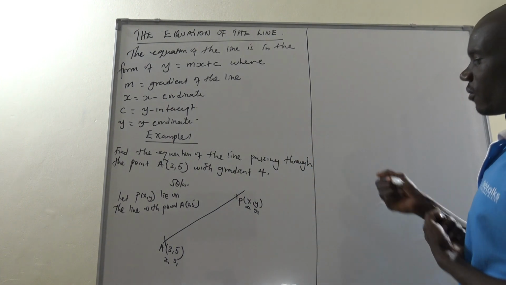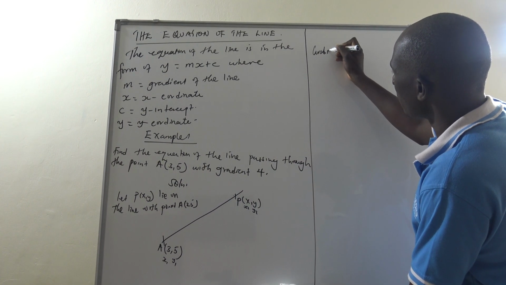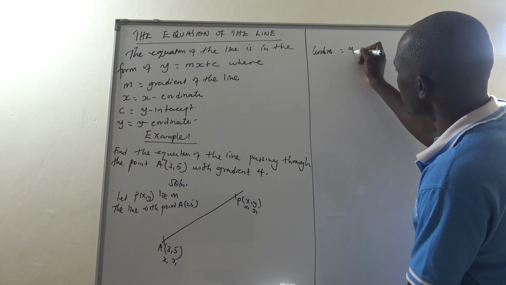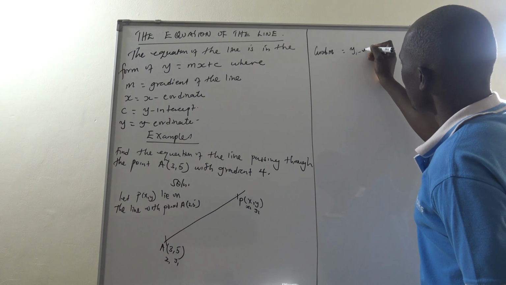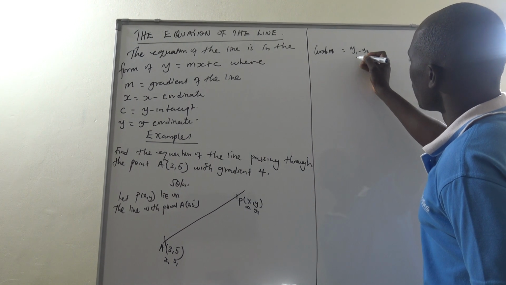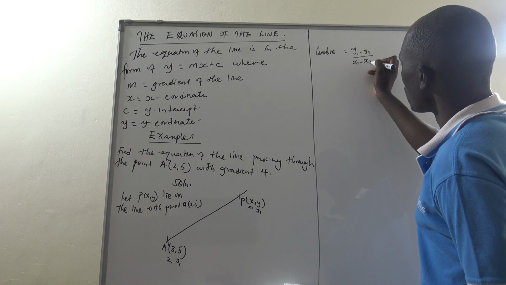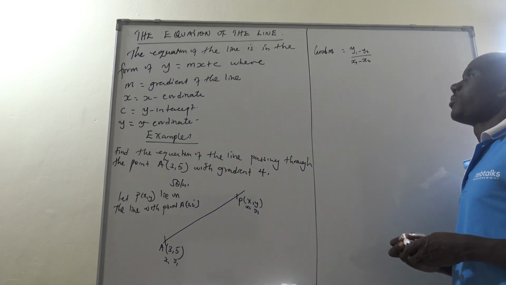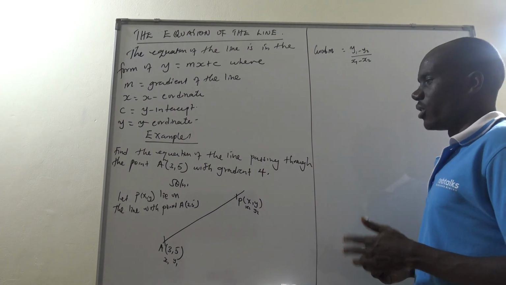So what are we going to do? We are going to start from getting the gradient. Gradient m is given as change in y, y1 minus y2 all over x1 minus x2, or you can even say y2 minus y1 all over x2 minus x1. But we know the gradient.